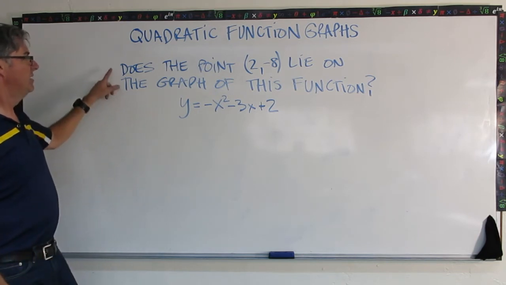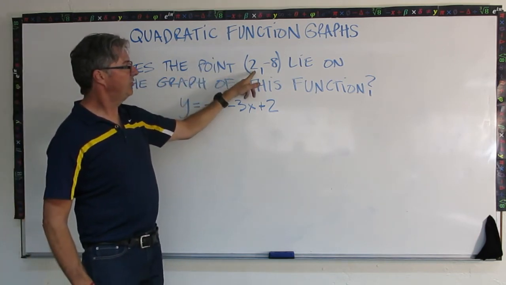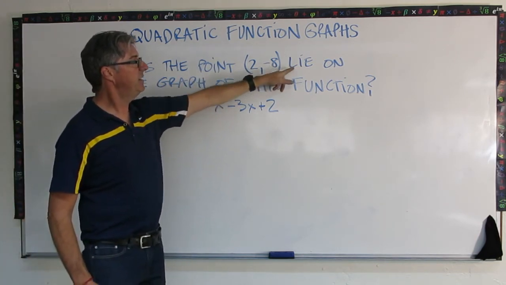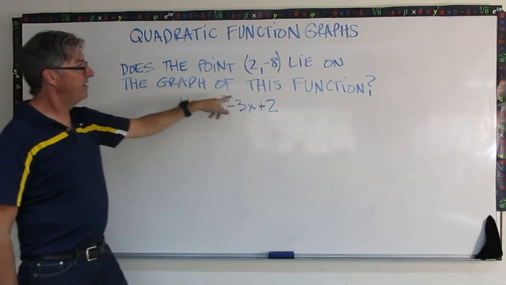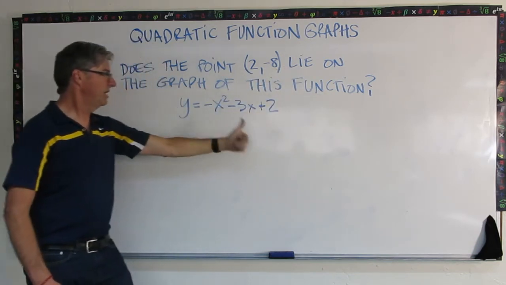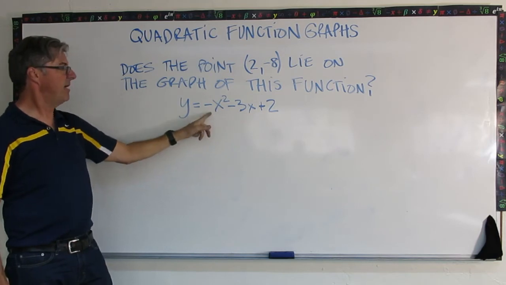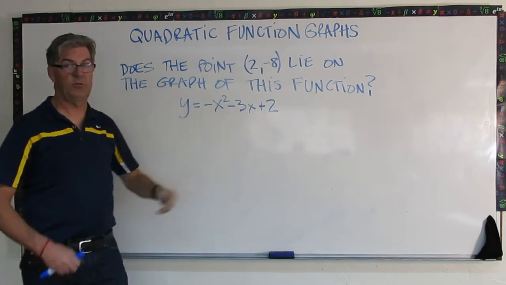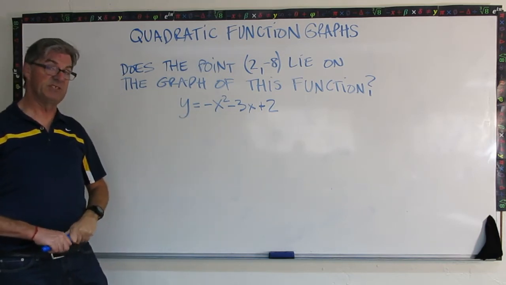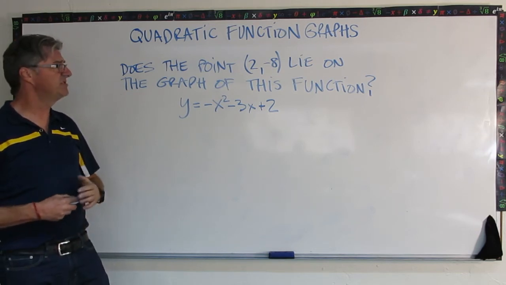Here it's written out. Does the point 2, -8 lie on the graph of this function? And here's our quadratic function, minus x squared minus 3x plus 2. So let's talk about what this means, because students often get confused about these types of problems.